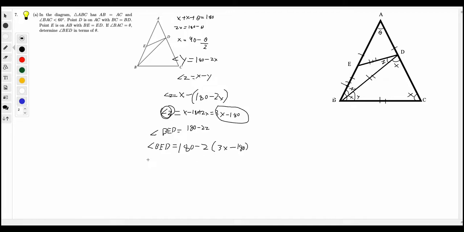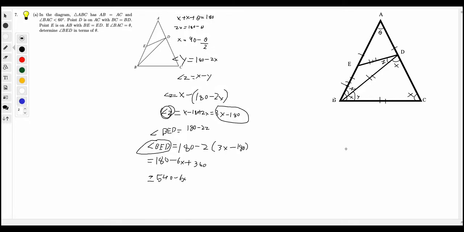Then we can simplify and we get 180 minus 6x plus 360. And finally, 180 plus 360 is 540. So 540 minus 6x is equal to angle BED.